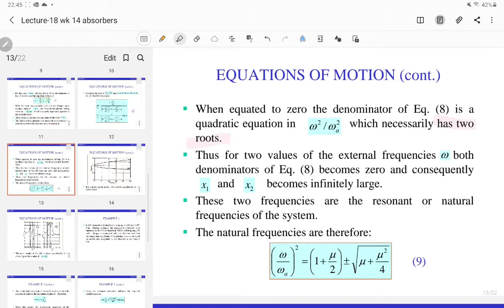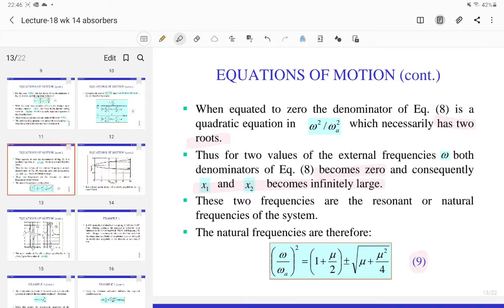Thus, for two values of the external frequency omega, the denominator of equation 8 becomes 0, and consequently x1 and x2 become infinitely large. So these two frequencies are the resonant or natural frequencies of the system.